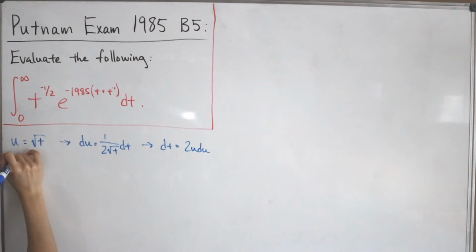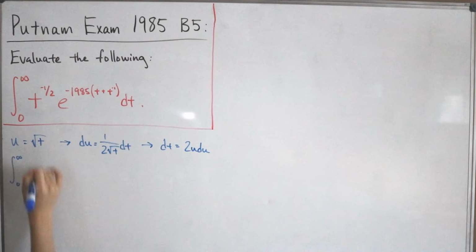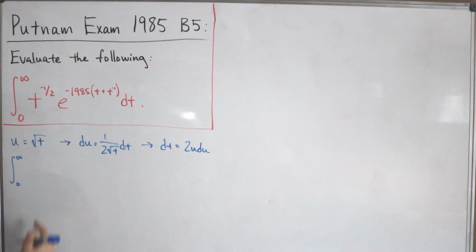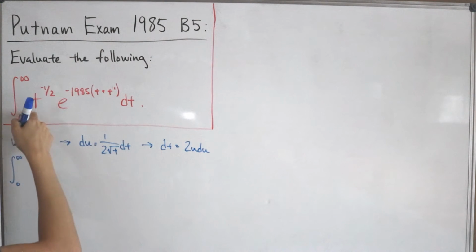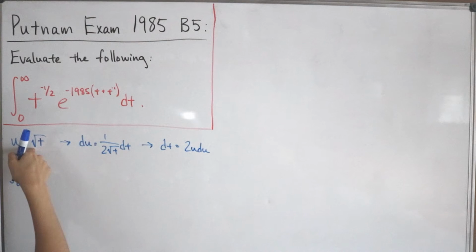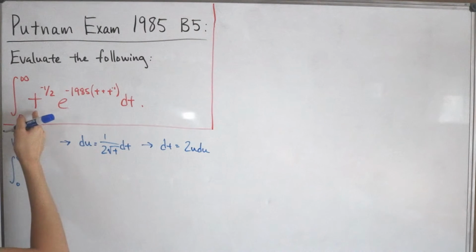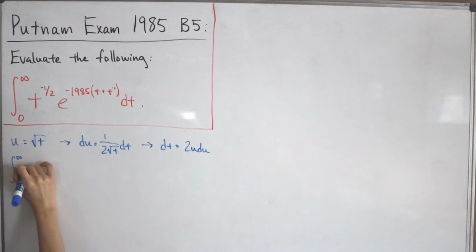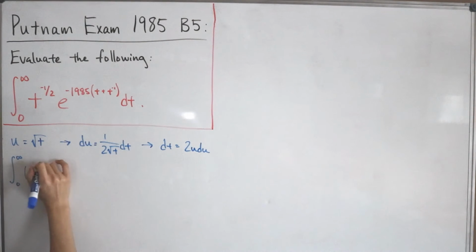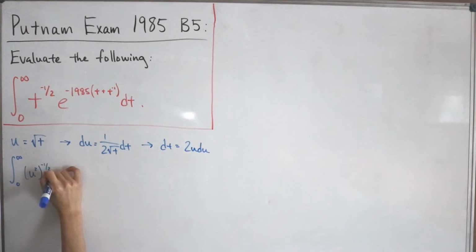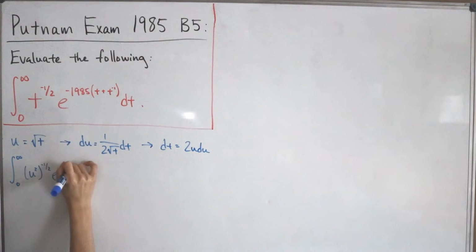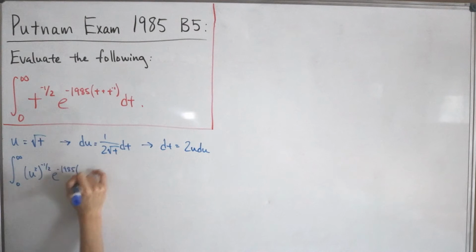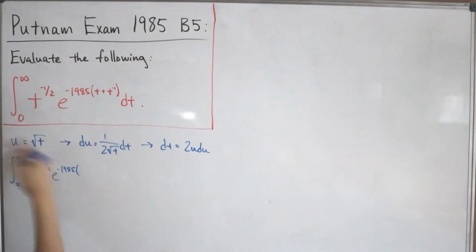Plugging all this back in, the bounds remain the same. If you solve for t on its own, you get t equals u squared, so we have u squared to the power -1/2, multiplied by e to the -1985 times (t plus t inverse).